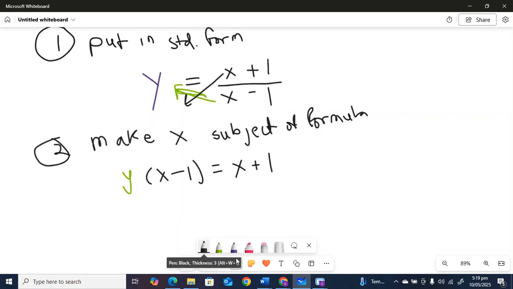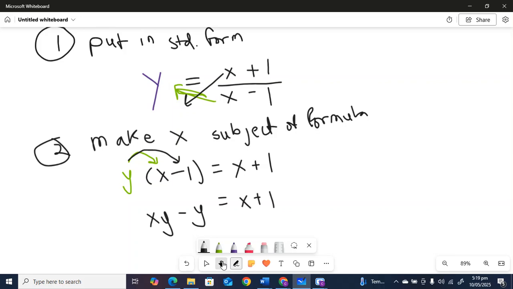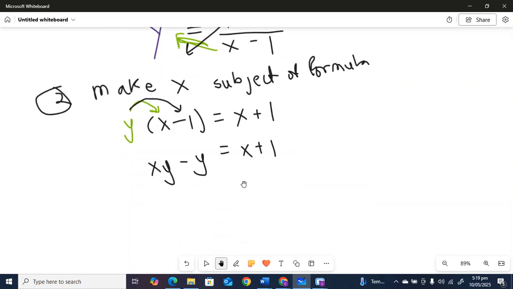So first we've cross multiplied, then on our left hand side we expand y times x, that gives us xy, y times negative 1, that is negative y, equals x plus 1. So we want to make x the subject of the formula.